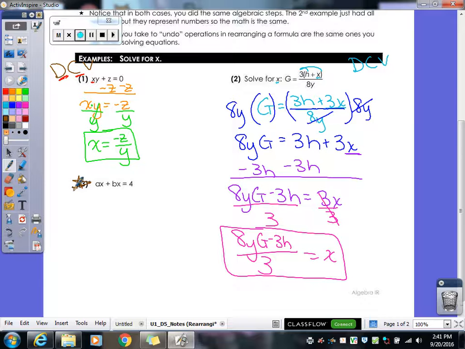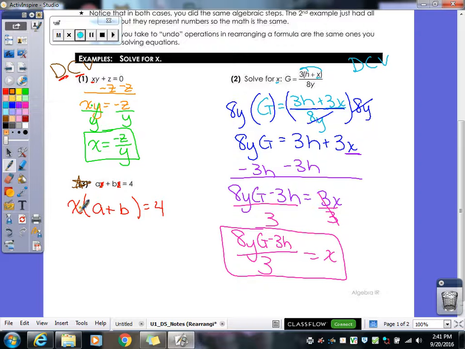And then number 3, we put a star here because this one's kind of tricky. You have to think back to what you did a little bit last year. X is with both the A and the B, so we have to do some GCF factoring here. I put an x, then one set of parentheses, and it equals 4. With GCF factoring, we take the x away from the A and the B, so I'm left with a plus b inside our parentheses.